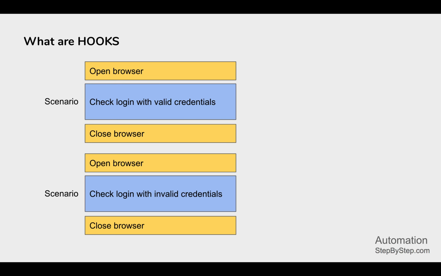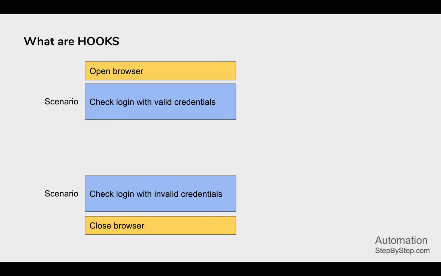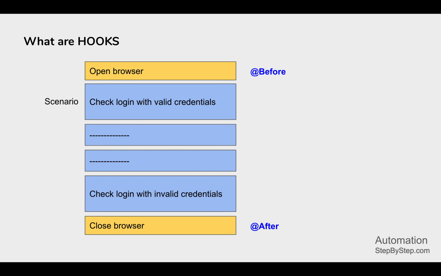A better way is we can create a common function for open browser and close browser, and then we can annotate these functions with at before and at after annotation, and I will show you this in a demo in a moment. So you can create two common functions and give these annotations, and then you can have any number of scenarios. Whatever code you have written in these two functions will run before and after each scenario whenever you run your feature.